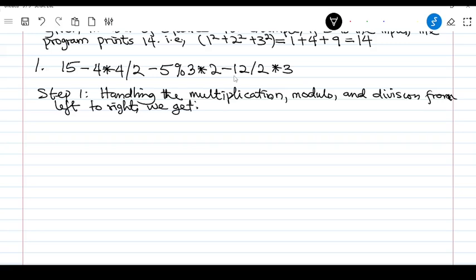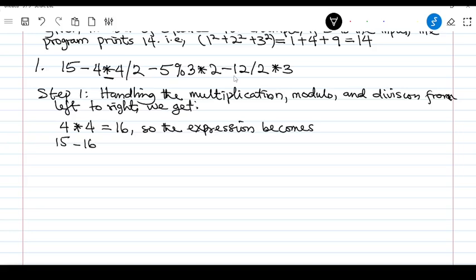So the first one, we're going to do the 4 times 4 first. 4 times 4 is going to be equal to 16, right? So the expression becomes, let's plug it back in: 15 minus 16 divided by 2, because we are replacing this 4 by 4 with whatever we get from multiplying 4 by 4.